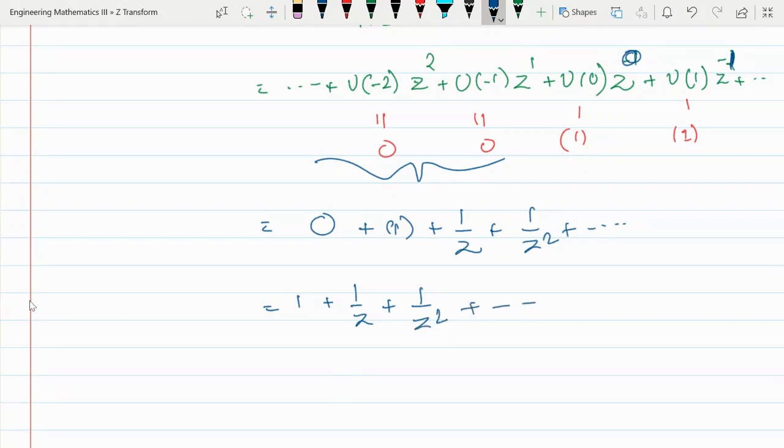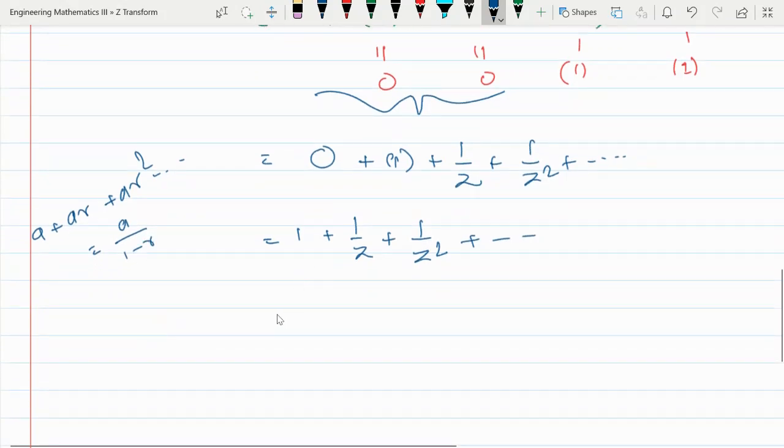Now this is nothing but your geometric progression, a plus ar plus ar square plus so on. What is this sum, a upon 1 minus r, we have seen. Okay, and if we expand this, what I get, a means 1, so 1 upon 1 minus r. Which is a geometric progression actually, with first term a equal to 1 and common ratio r equal to 1 upon z, isn't it?